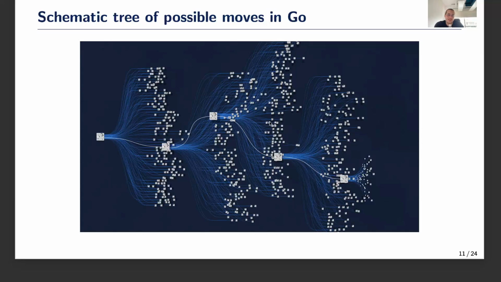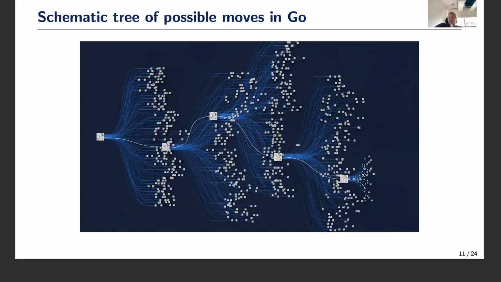What you can see here is the schematic representation of a game tree with all possible continuations that can arise from just a few moves in a game of Go. Each node of the tree is a board state.